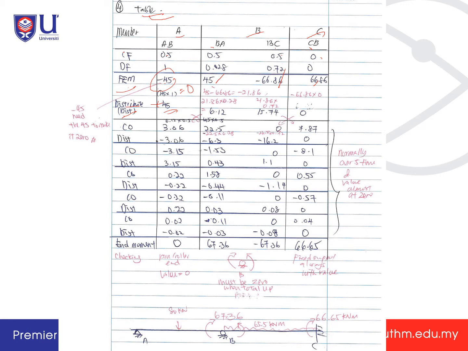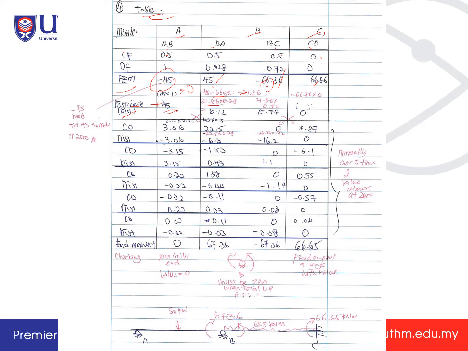So here is 45 and negative 66.86. So 45 minus 66.86, you will get negative 21.86. So in order to balance it to become 0, you need to have a positive 21.86.